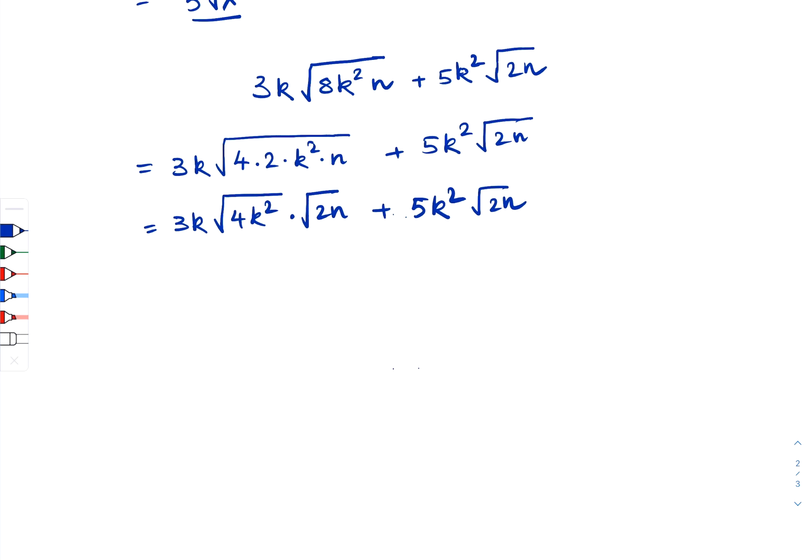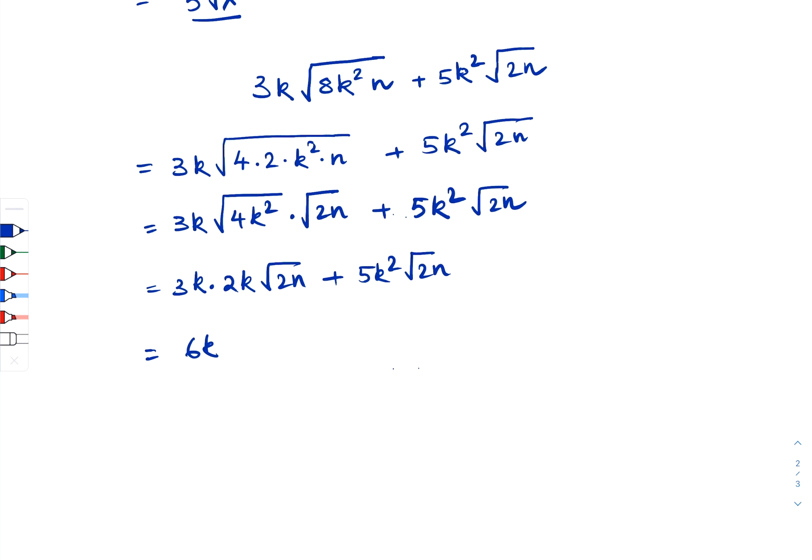Now that's a perfect square, so I can pull that out as 3k times 2k square root of 2n plus 5k square root of 2n. 3 times 2 is 6, so 6k squared, right?